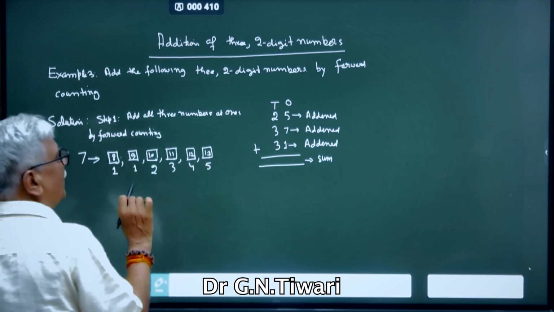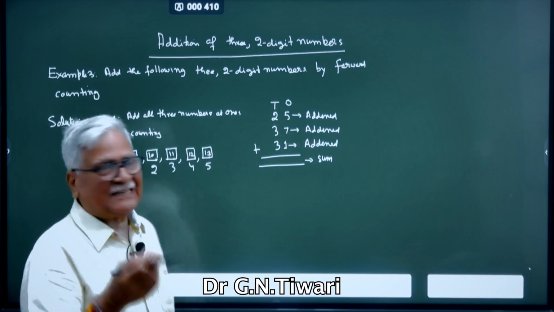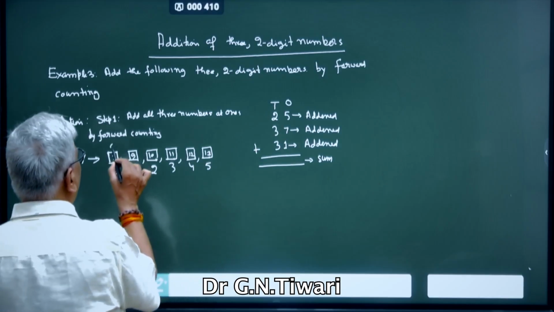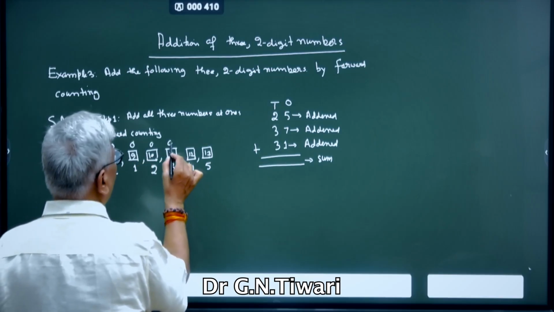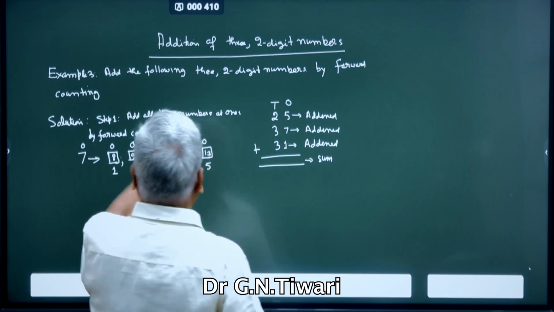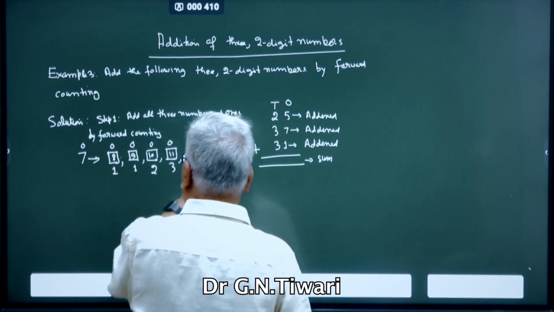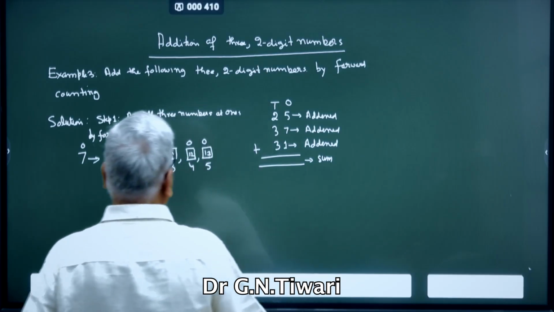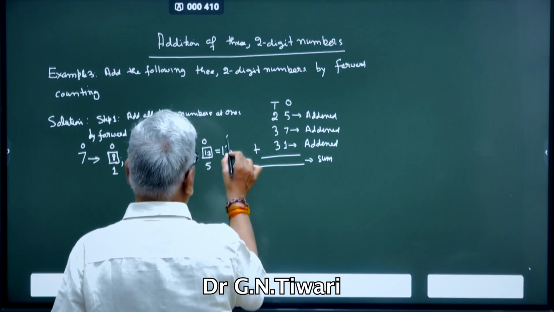And for understanding, you can write O, O, O, O, O and O. That means you have said the 3 numbers should be added in a forward counting. So what is that? It becomes 13. Here O and T.